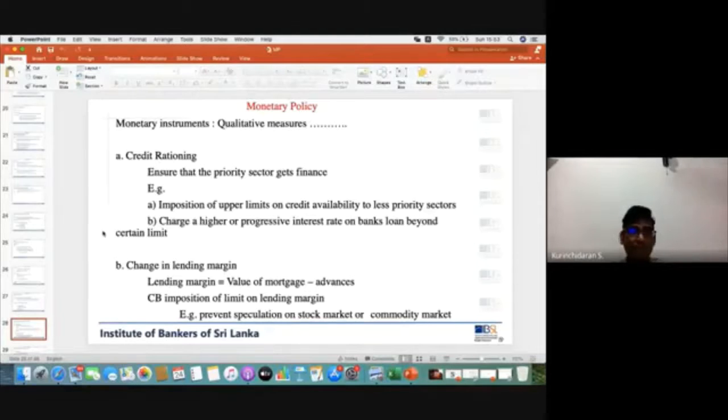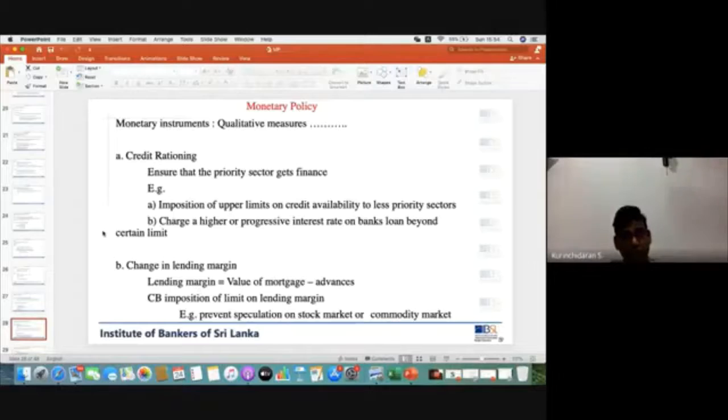They also can impose an upper limit on credit availability to less priority sectors. They can say, no, don't lend to these sectors, you can go up to 10% or 20% of your lending portfolio. Or the central bank can say, charge a higher interest rate on bank loans.